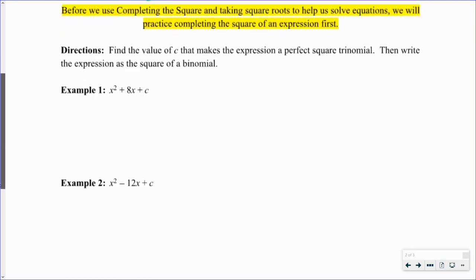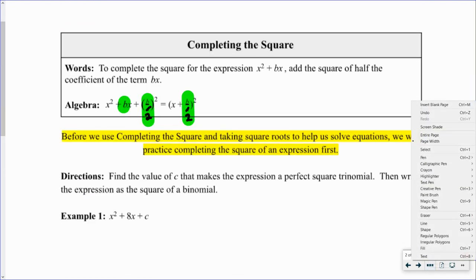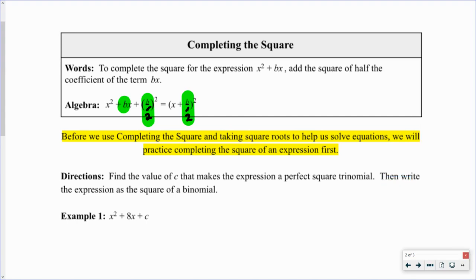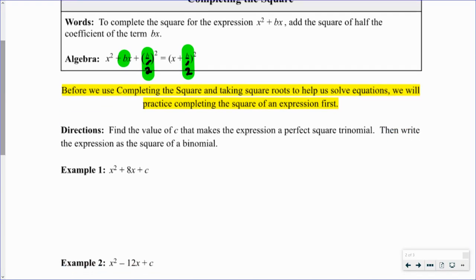All right. So let's go ahead and take a look at how this is done. Remember, when we factor perfect square trinomials, what we're actually building in our area diagram is a perfect square.